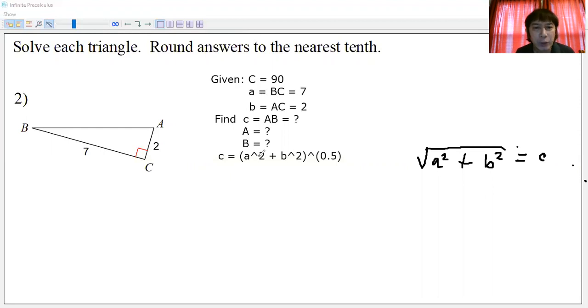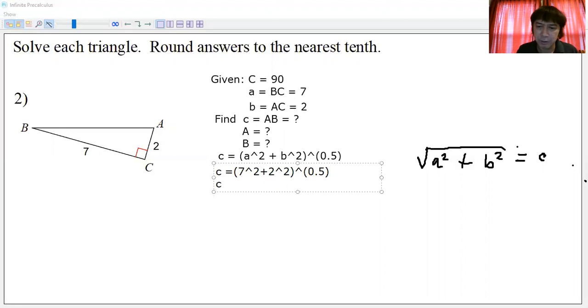And so we will do the substitution of the values. Small c is equal to 7 raised to the power 2, that means squared, plus b, which is 2 raised to the power 2, squared. And so this will now be square root, raised to the power 0.5.